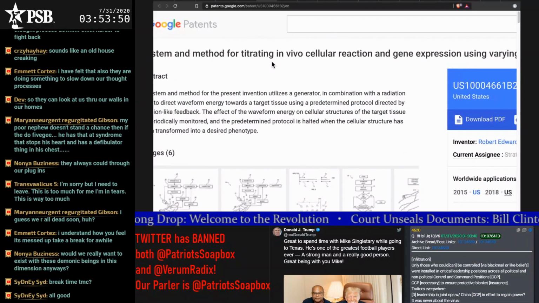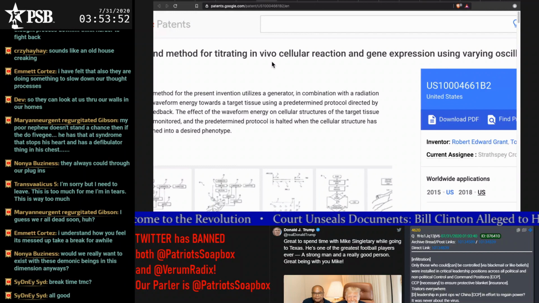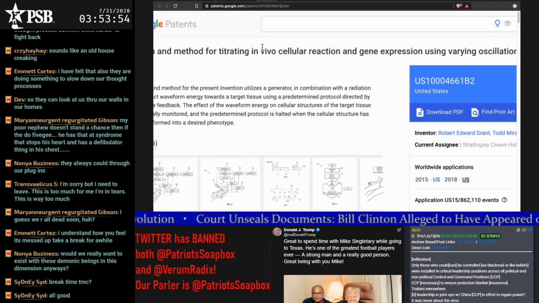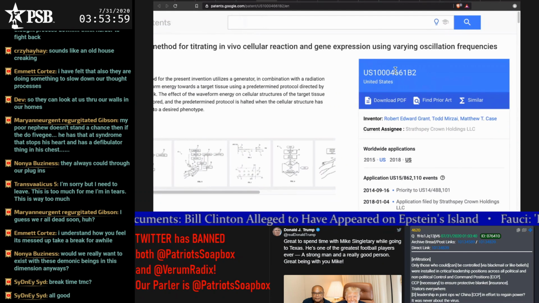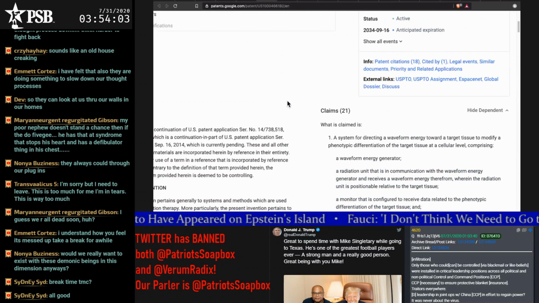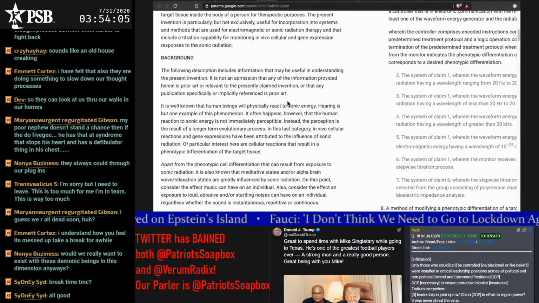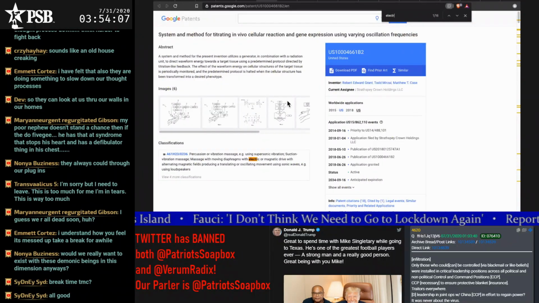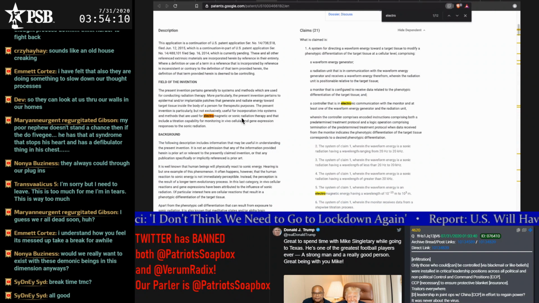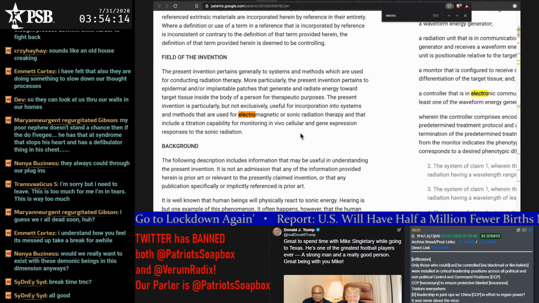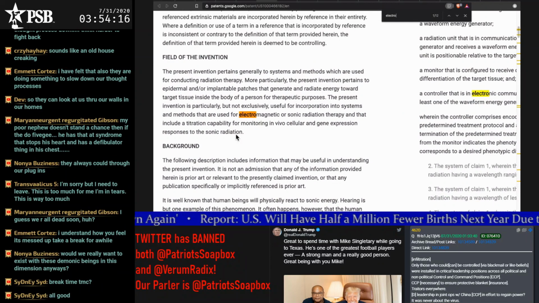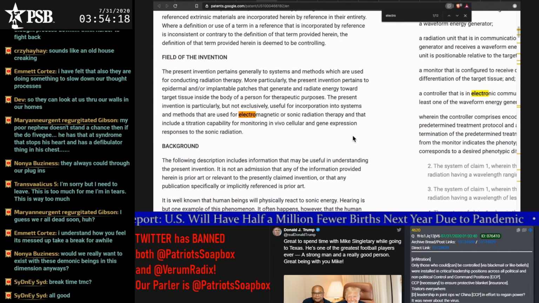That, according to this patent, is able to manipulate cellular reactions, phenotypic expressions, genetic expressions using various oscillation frequencies. In this case, they talked about sound in this patent. Let's see if they... Present invention particularly, but not exclusively, is useful for incorporation into systems that are used for electromagnetic or sonic radiation therapy.